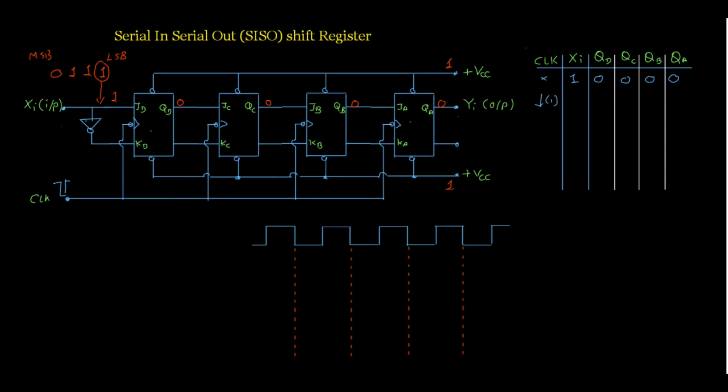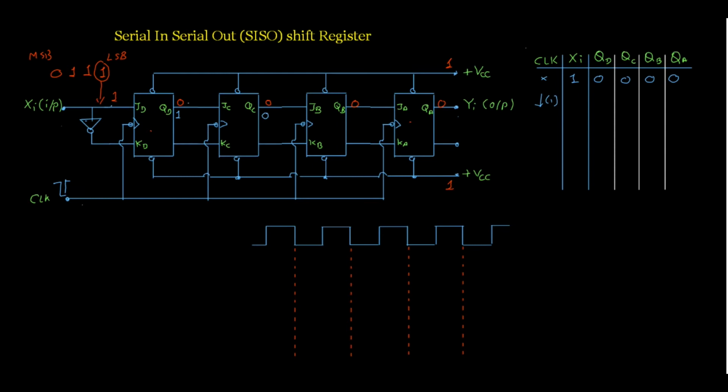When we apply this negative edge, then whatever 1 is at the input of the first flip-flop, that is a D flip-flop, will be transferred to the output of this flip-flop and this becomes D. Now at that time the input of the C flip-flop was 0, so it will be transferred here and this becomes a 0.